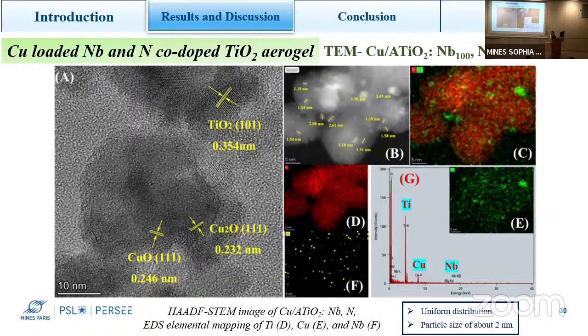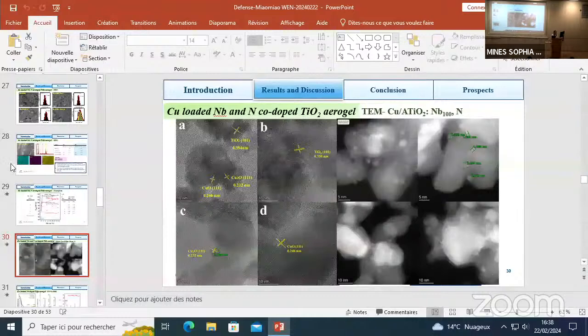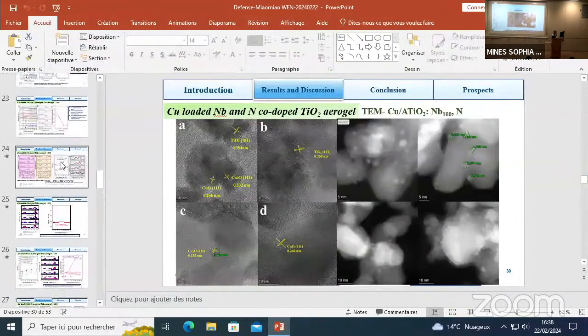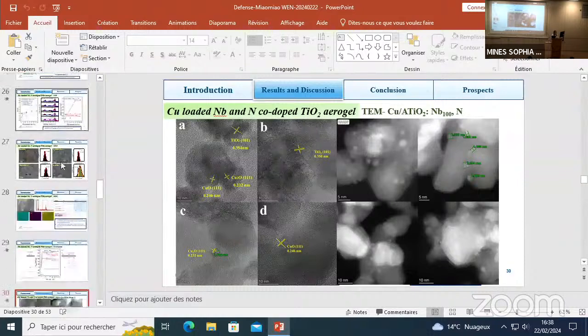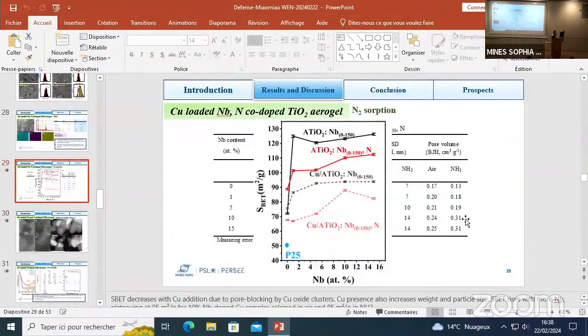For example, if you look for niobium, page 112. When we put, I don't know, 1% of niobium, you see a strong increase in surface area.